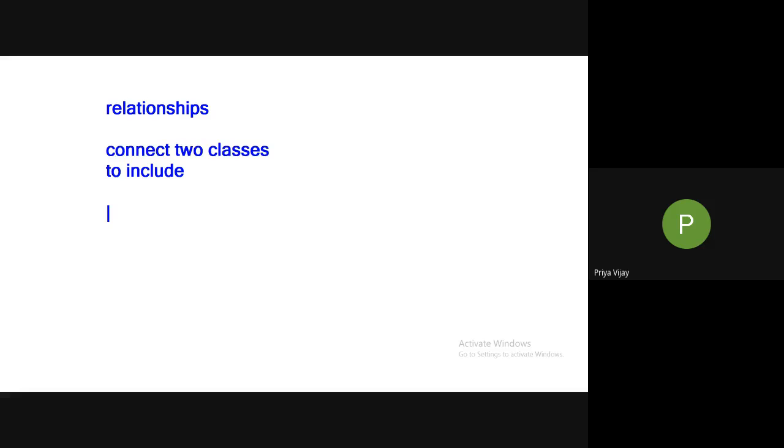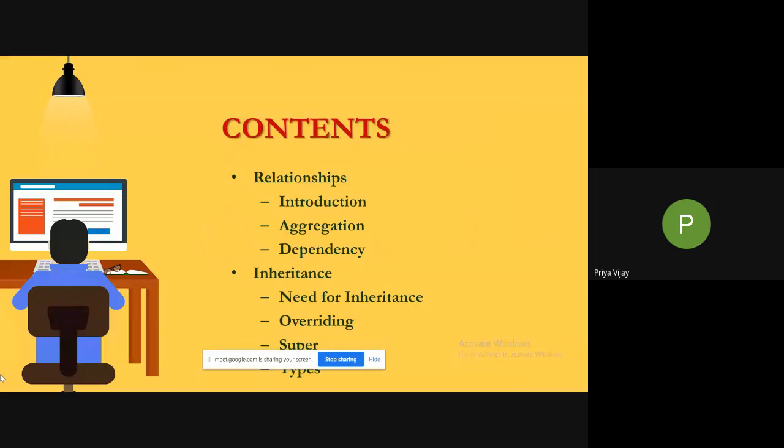One is aggregation and composition, the other is parent-child relationships. So we are going to see aggregation, composition, and inheritance relationships today. Okay, let me get into the topic.